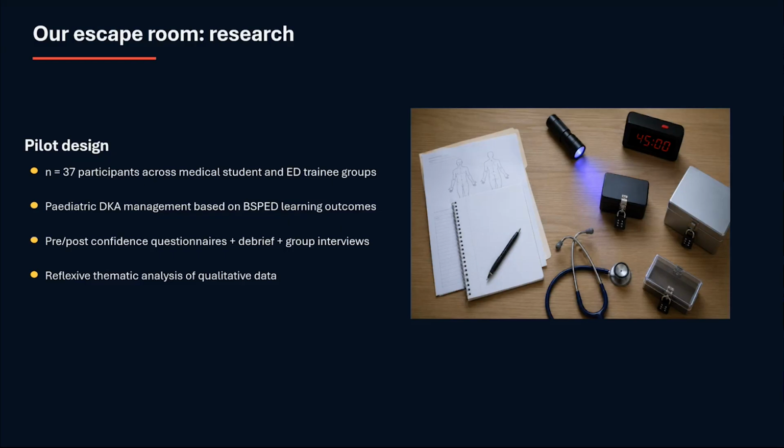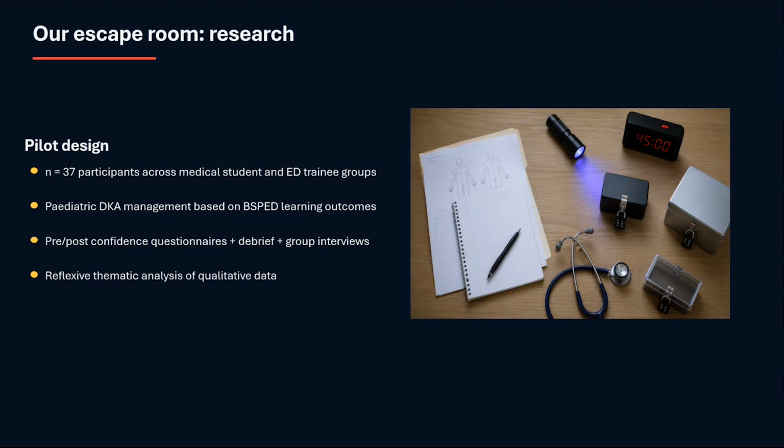And we used the condition pediatric diabetic ketoacidosis, which is a complication of type 1 diabetes, to form our learning outcomes. What we did is that we had a questionnaire before that people completed. This looked at confidence, the confidence of managing certain parts of the DKA.